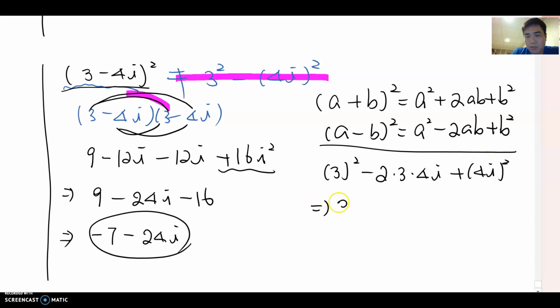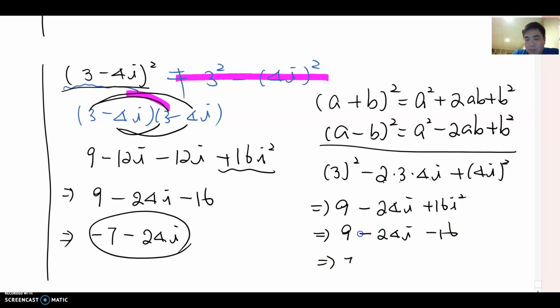So this becomes 9 minus 24i, plus 16i squared. From here, just evaluate i squared as negative 1, then this becomes 9 minus 24i minus 16, so the answer becomes negative 7 minus 24i. Okay, so I really recommend you understand all these properties, as they save you time when operating on many algebraic expressions.